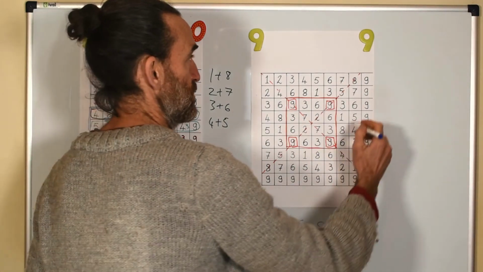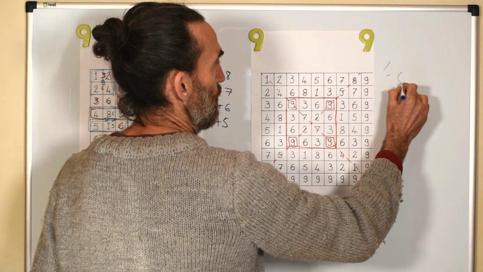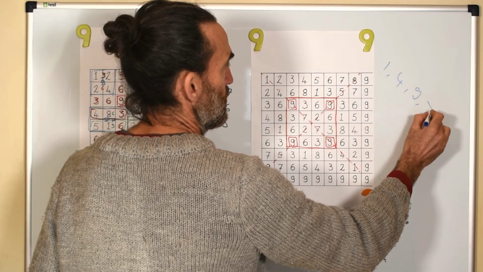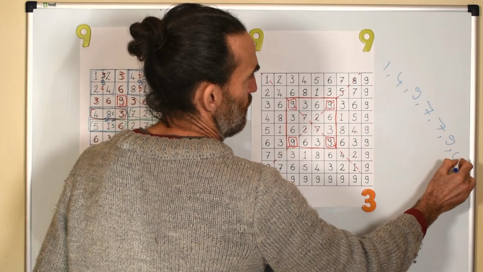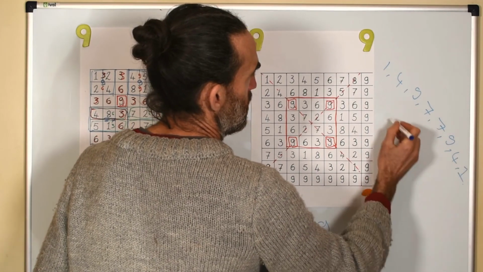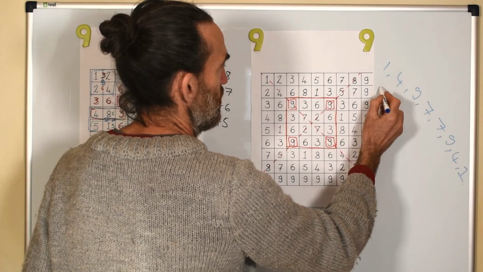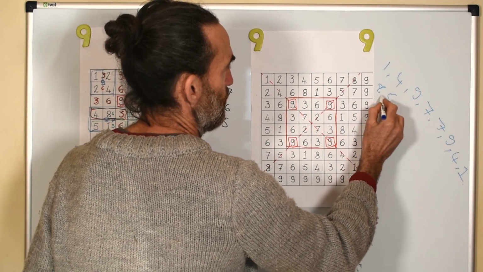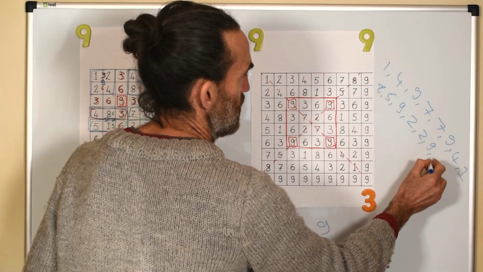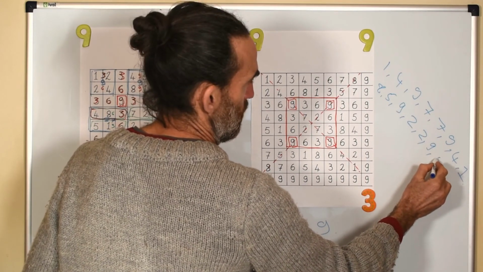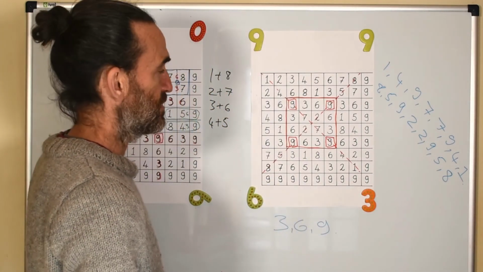Same in the other direction. And those number sequences are 1, 4, 9, 7, 7, 9, 4, 1. And in the opposite direction, I'm just going to do it underneath here, 8, 5, 9, 2, 2, 9, 5, 8. So they're the 2 series of diagonals.